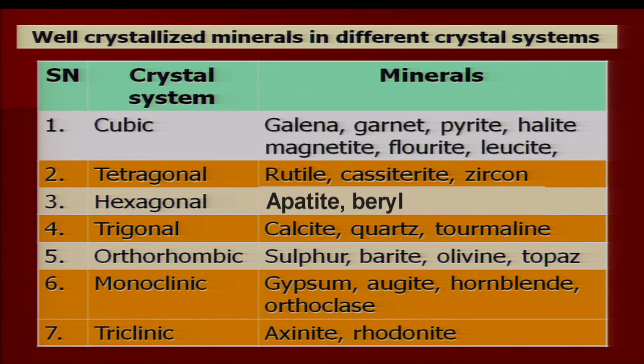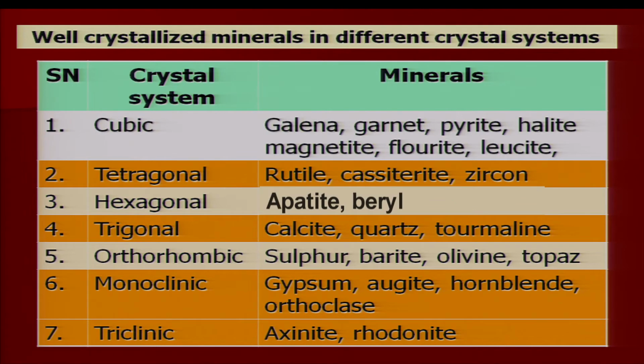Next one is the trigonal system. Calcite and quartz are the best examples. In the orthorhombic system, sulfur, barite, olivine, topaz crystallize. Gypsum, agate, hornblende, orthoclase crystallize in the monoclinic system. And lastly, axinite and rhodonite, these are the two important minerals that crystallize in the triclinic system.